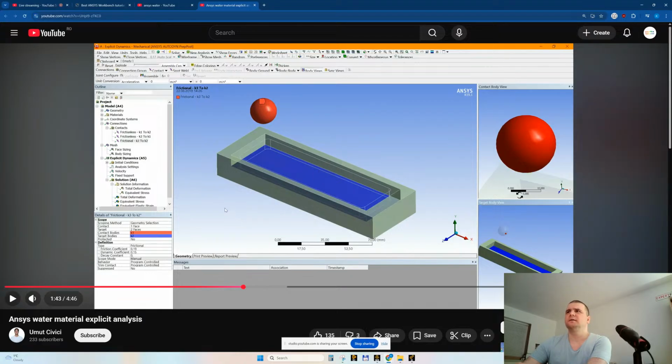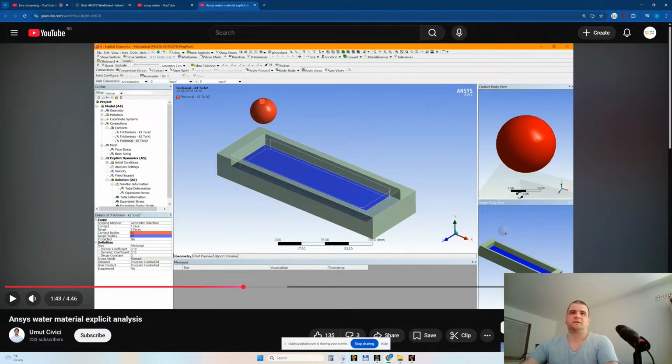What? He assigned a friction coefficient between the sphere and the water tank. This I can kind of approve, but you need to take into account that we have the water which acts as a lubricant, and the water will kind of impose a frictionless coefficient between the two solid bodies.